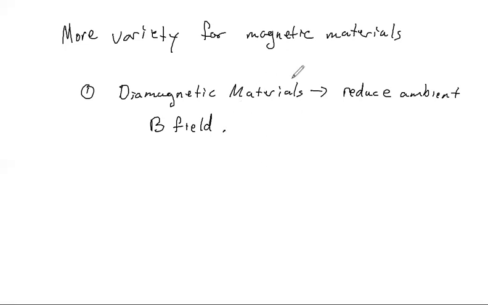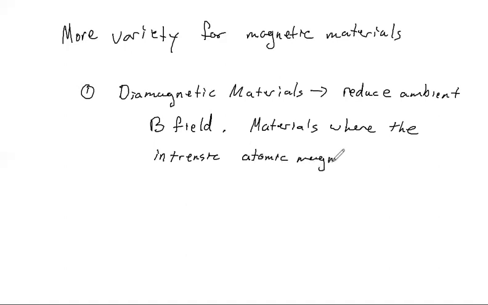When studying the electronic structure of what makes something a diamagnetic material, it turns out these are materials where the intrinsic atomic magnetic moments vanish.